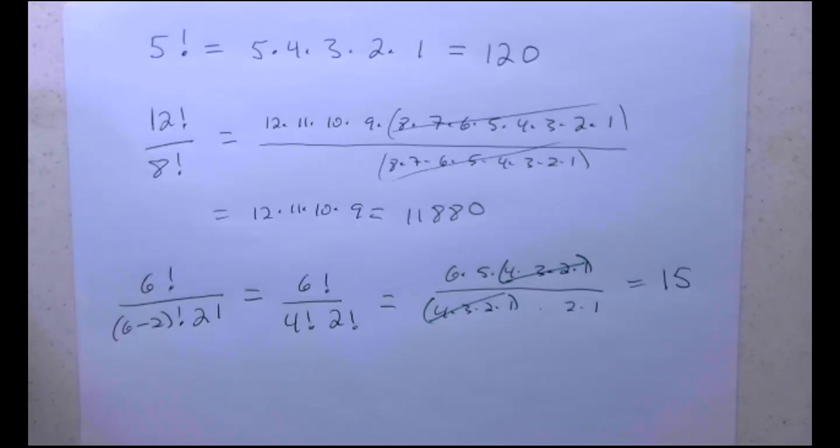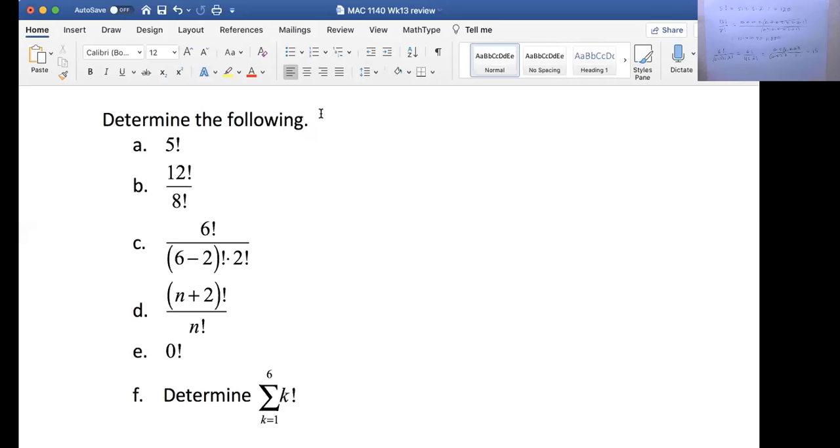What is our next question? We want n plus 2 factorial divided by n factorial. So the calculator is not going to help us on this. We need to think about what that means. N plus 2 factorial divided by n factorial.